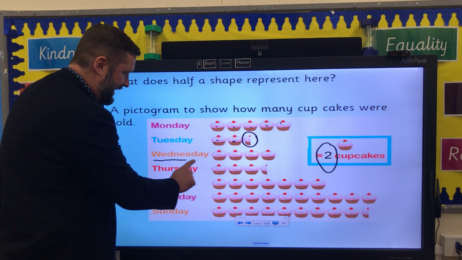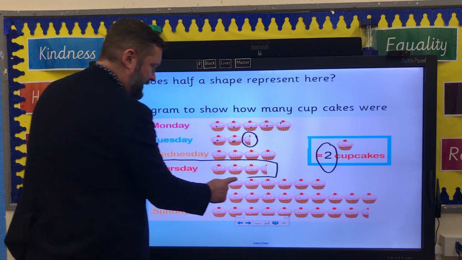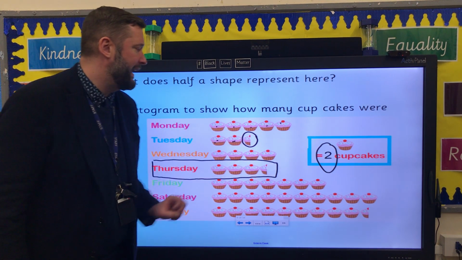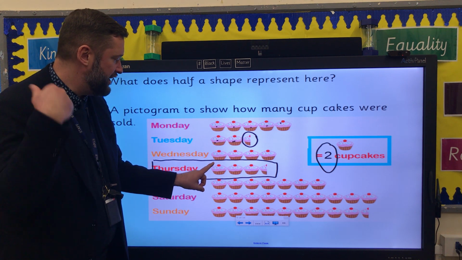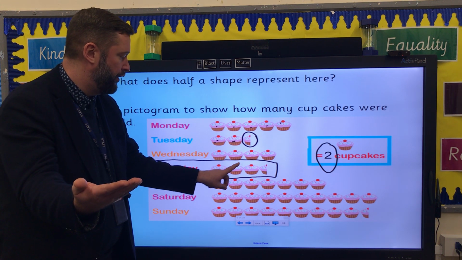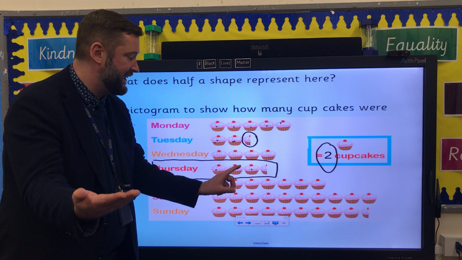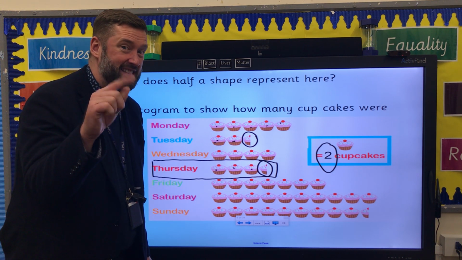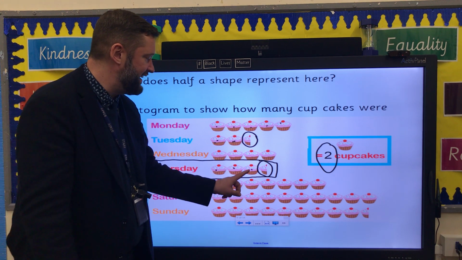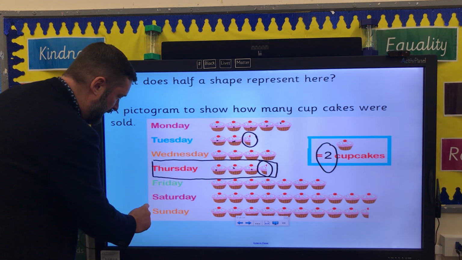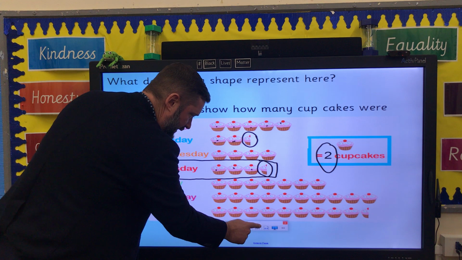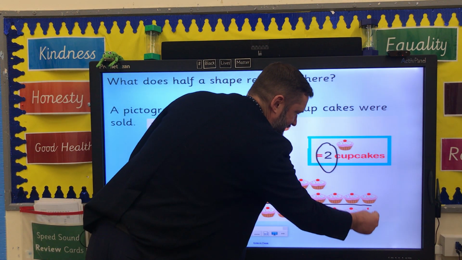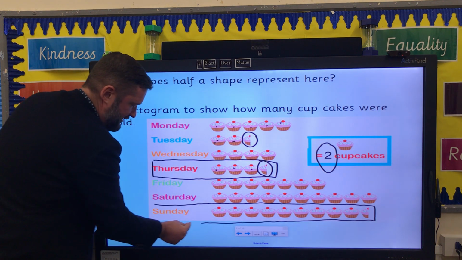Let's count Thursday now, because that's got half a shape in. So, we know it's 2 cupcakes for a whole picture. Count in 2s. We've got to 6. Half of a shape makes 1, which is 7. 2, 4, 6. 1 more is 7. Finally, on this one, I just want us to count Sunday, because that's got half a shape at the end.